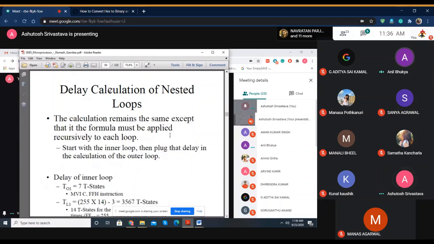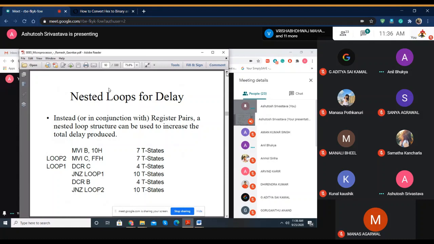So how did we get this 3, 5, 6, 70 states? It is having a value of 255 into 14. Why is it 14? 10 plus 4.